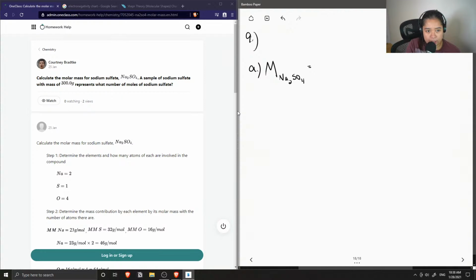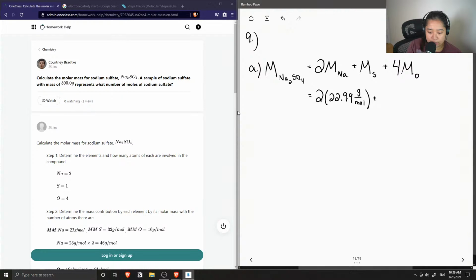So for the molar mass, it's going to be 2 times the molar mass of sodium plus the molar mass of sulfur plus 4 times the molar mass of oxygen. All of these molar mass values can just be found on your periodic table. Sodium has a molar mass of 22.99 grams per mole.